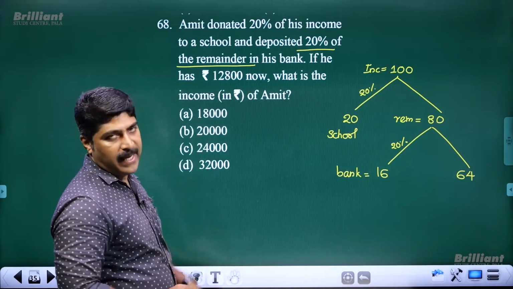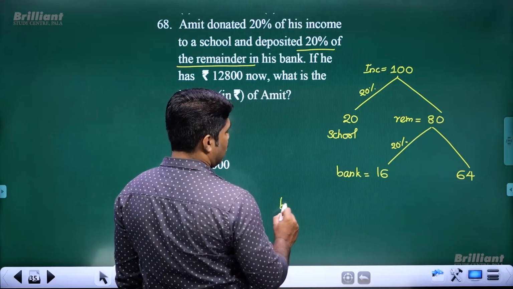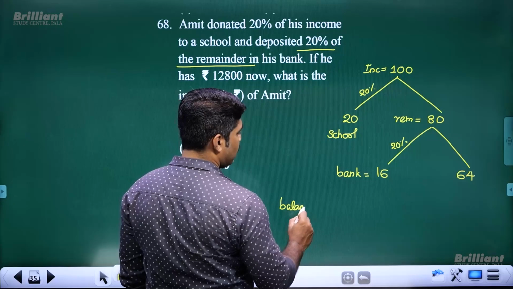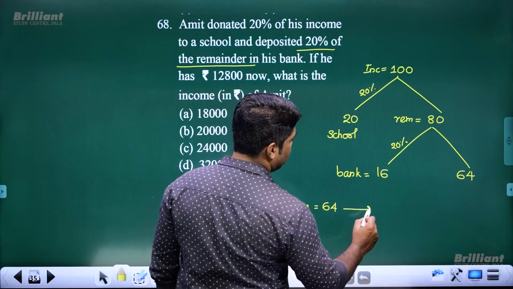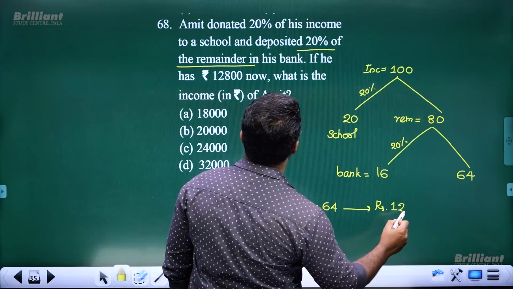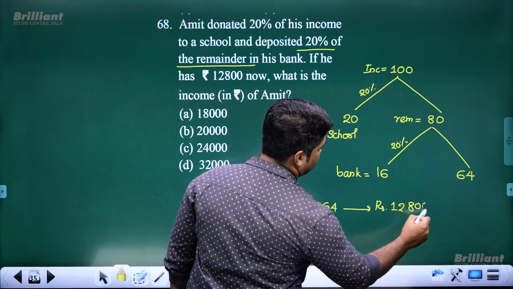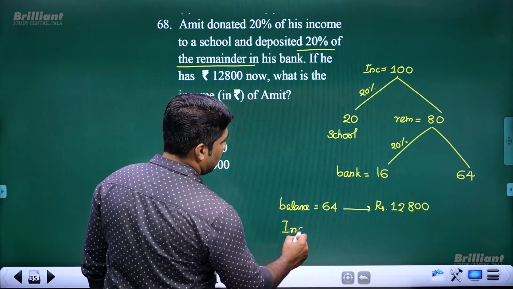Then we have to find out what the income was.